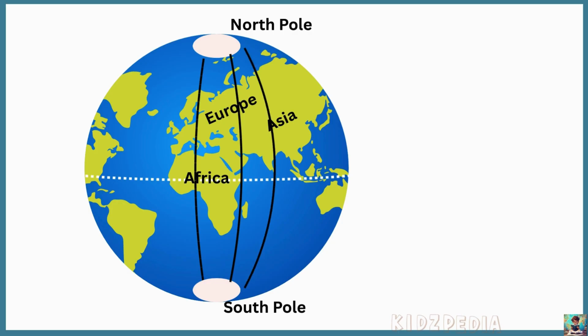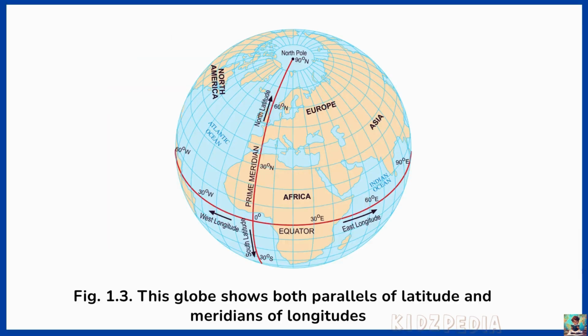But the distance from the North Pole to the South Pole stays the same, no matter which path you take. This means that all directions from the North Pole to the South Pole are equal. These lines that run from the North Pole to the South Pole are called meridians of longitude. You can see them in figure 1.3. These are half circles that connect the two poles.